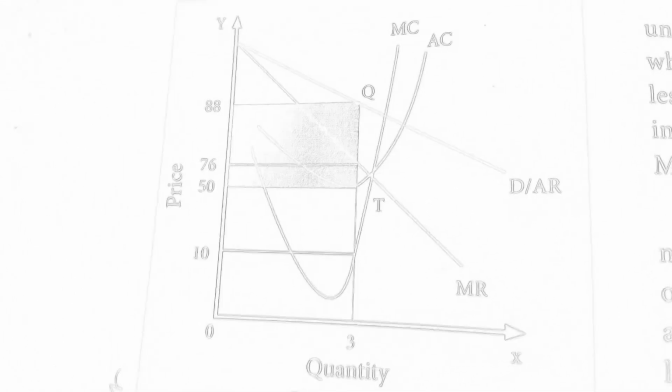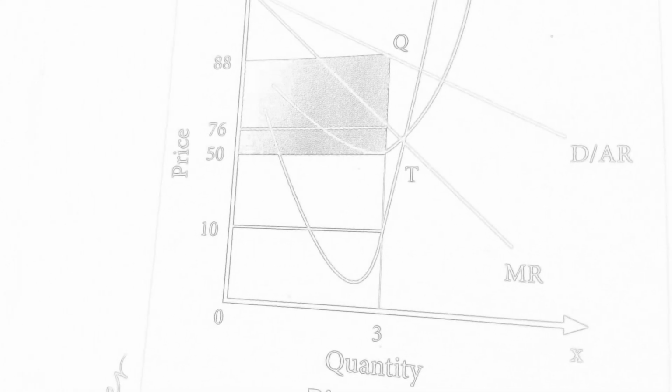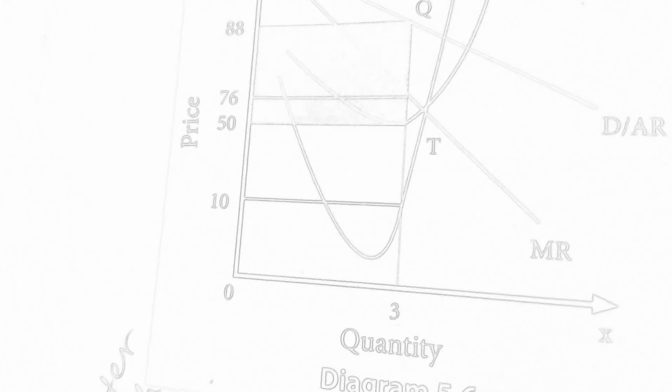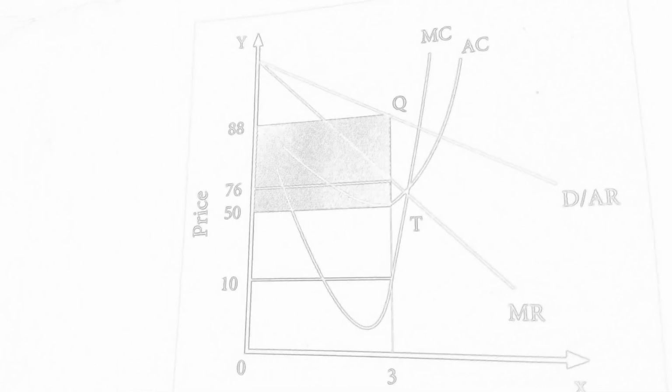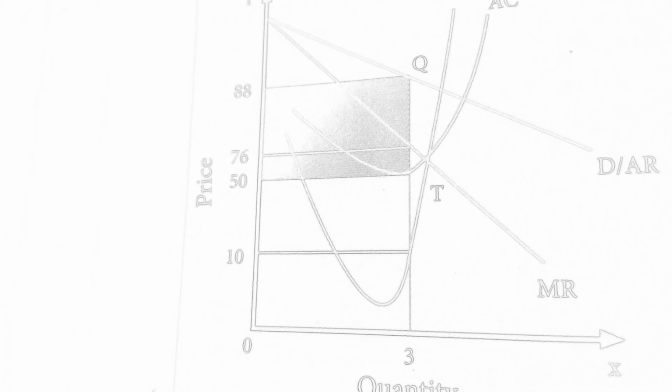Total profit is average revenue minus average cost, multiplied by total output. We get 30.99 as the total profit of price and output determination under monopoly.